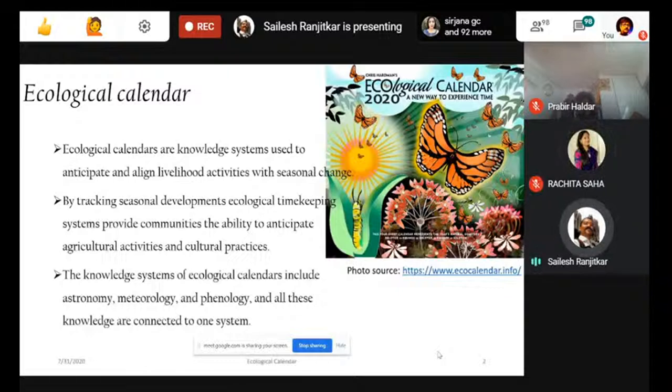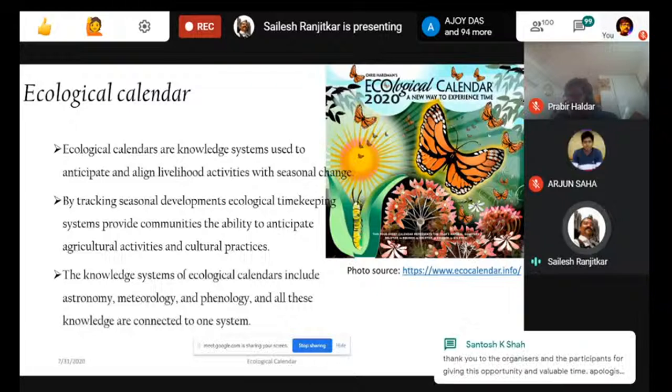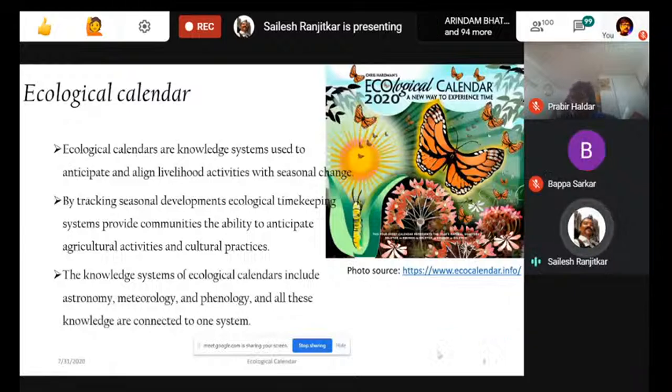Anyway, so by tracking this seasonal development, we call them ecological timekeeping or the ecological timekeepers. This system provides communities the ability to anticipate agricultural activity as well as cultural practices.